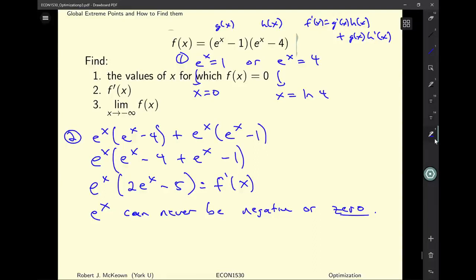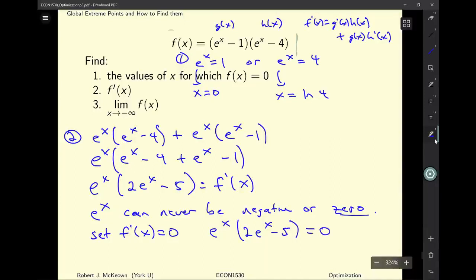So if we set f prime of x equal to 0, we have e to the x times 2e to the x minus 5 equals 0. There's no way to get the first factor to be equal to 0. It's always going to be a positive number, but it is possible to get this factor equal to 0.